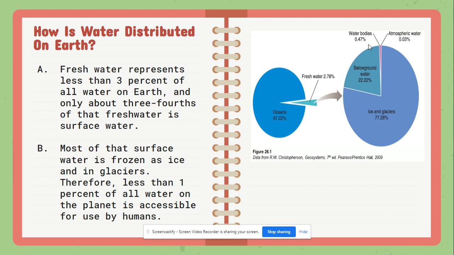But when we break down that percentage of fresh water, a lot of it is actually trapped within glaciers, within sea ice. So really only less than 1% or so of water found on Earth is accessible for human use.